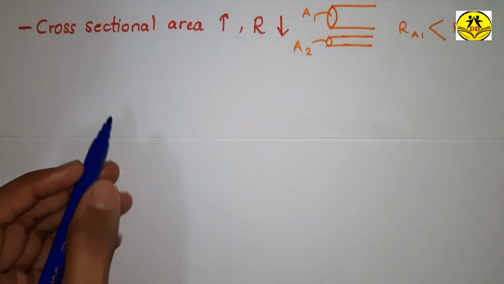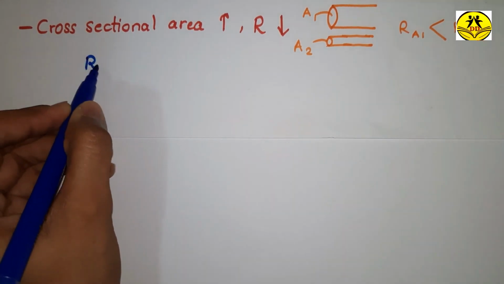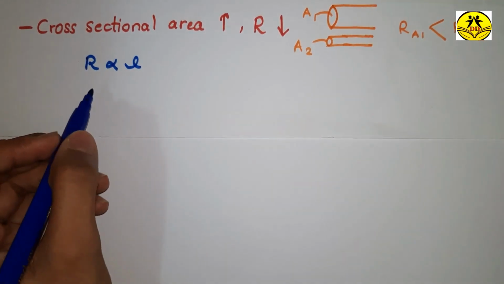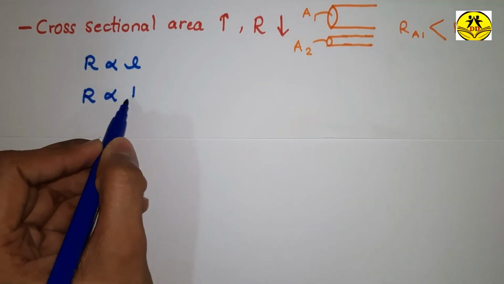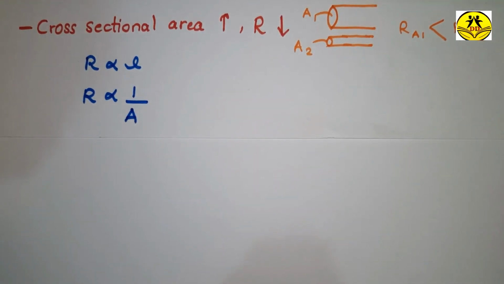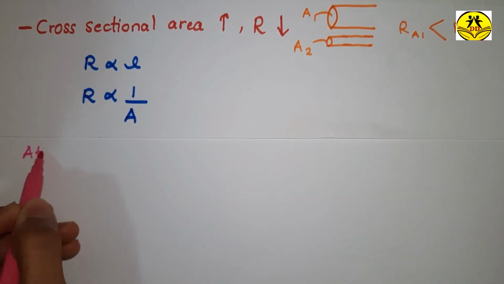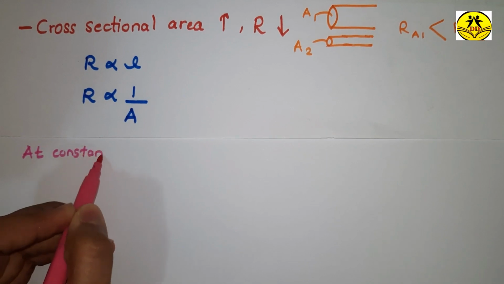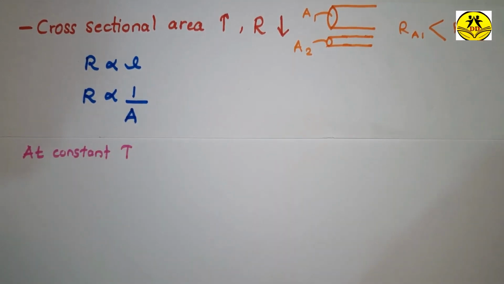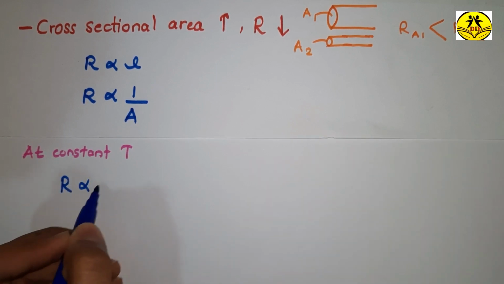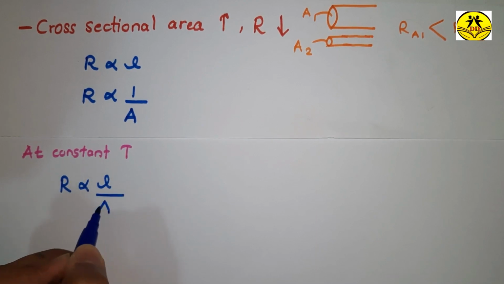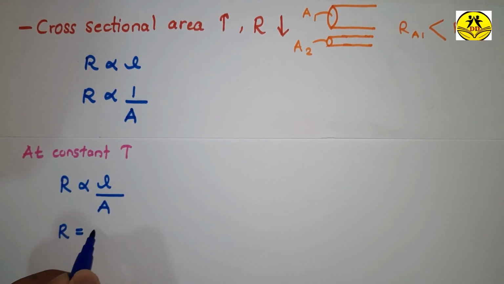So thereby we can write R is directly proportional to the length, and R is inversely proportional to the cross-sectional area. So at a constant temperature, we can write an equation. R is proportional to L over A. Here we use the proportionality constant rho.